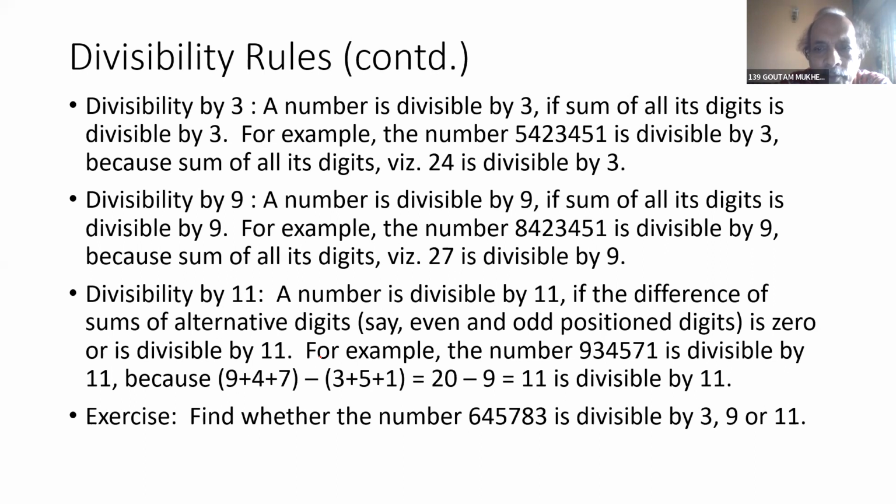For 934571, 9 plus 4 plus 7 at odd positions minus 3 plus 5 plus 1 at even positions is divisible by 11, so the number is divisible by 11. You can note down the exercise and do it to check whether you understood.